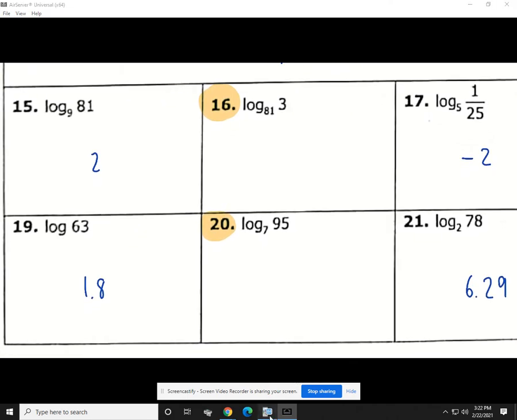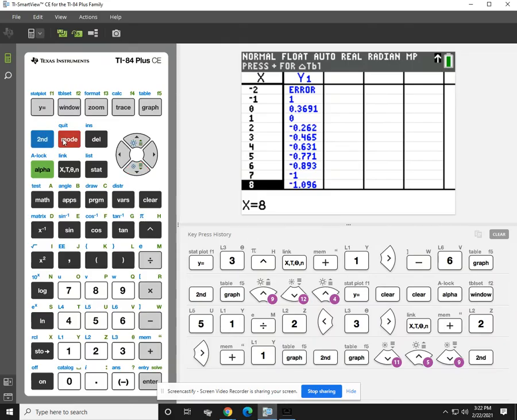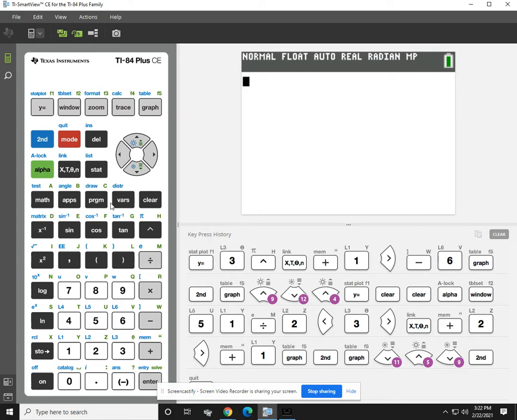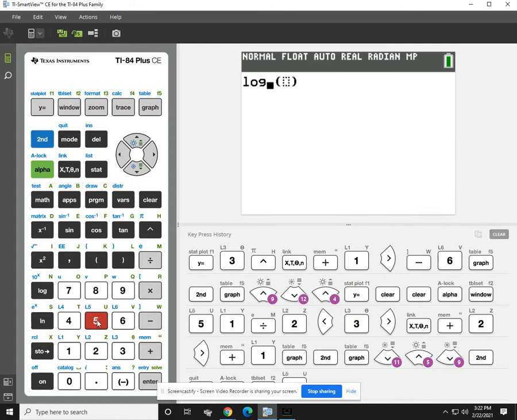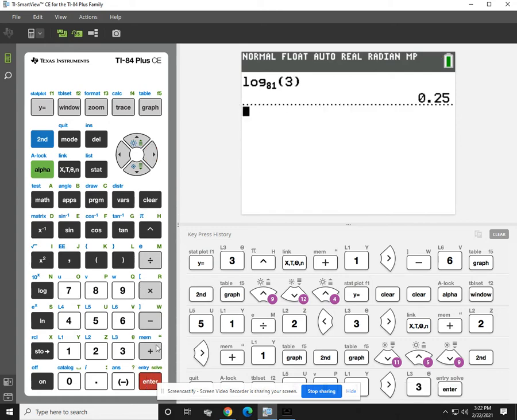Okay, so let's go to the calculator, and I'm going to go back out to the home screen, and I'm going to do number 16. Alpha, window, number 5. Log base 81 of 3. And you're going to get a decimal, 0.25.